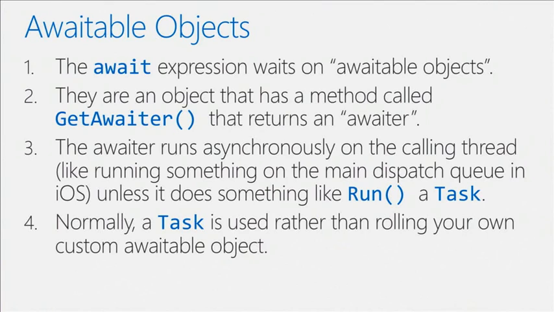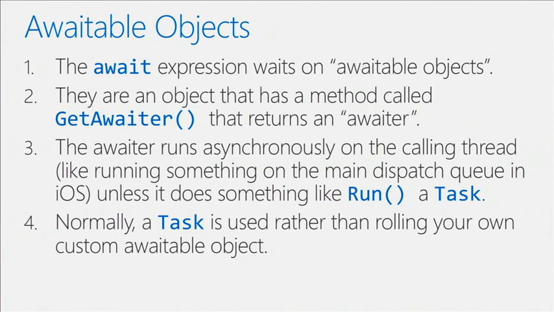So the await expression waits on something that is an awaitable object. This is under-the-hood stuff, but it's interesting. It has a method called GetAwaiter that returns something that is an awaiter. And the awaiter runs synchronously on the calling thread, like I just explained.